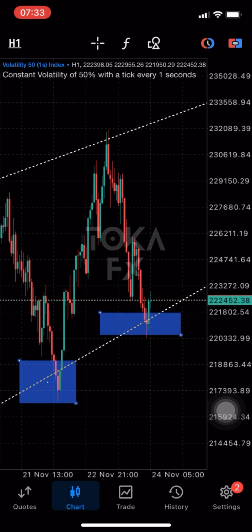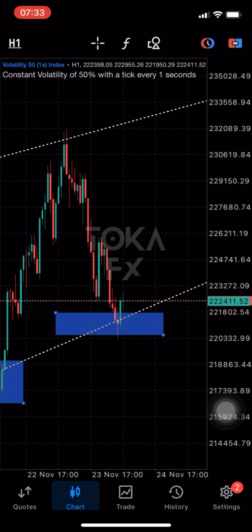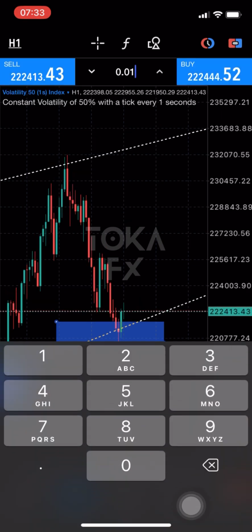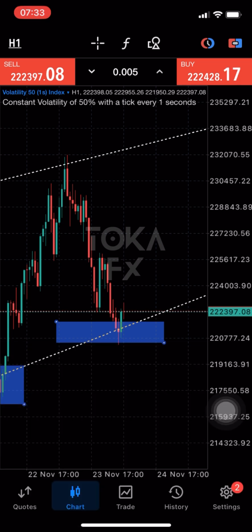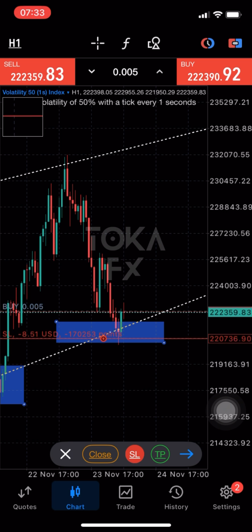Even though we might have a little bit of retracement there, it's a clear setup for me, because I know that if I draw my trend lines at the H4 time frame, there's a 90% chance that the market will respect that.